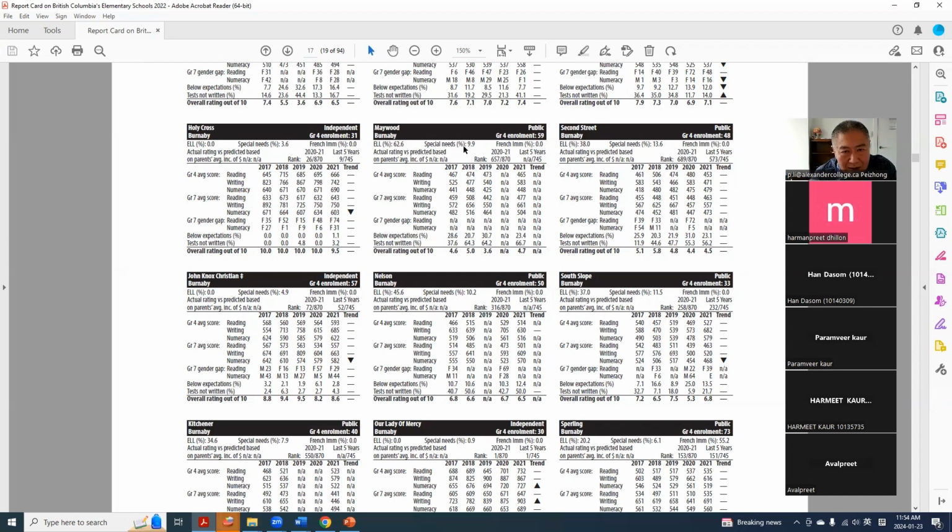But there's another thing that is very interesting. Special needs students. What's special needs? Students who have special needs. These students are most likely to have so-called learning disabilities.